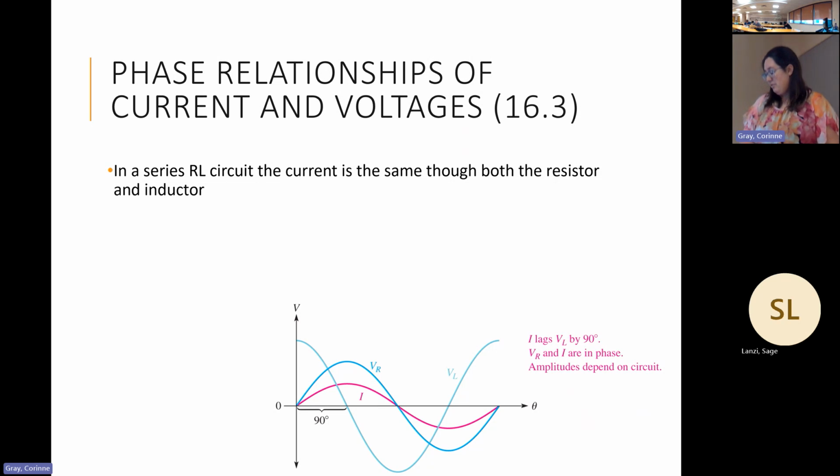What do we notice? Because they're in series, they should have the same current. That was one of the first things we talked about in this class, and that still holds true. So what do we notice about the phase between the current and the voltage across the resistor?